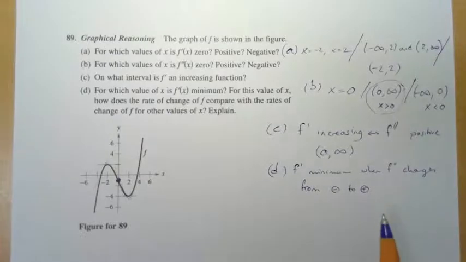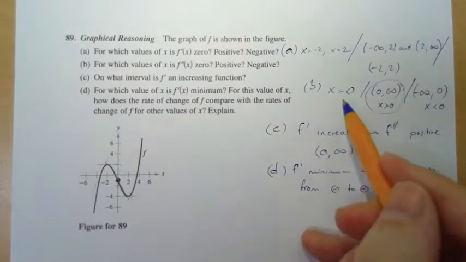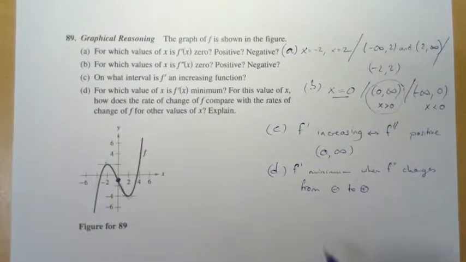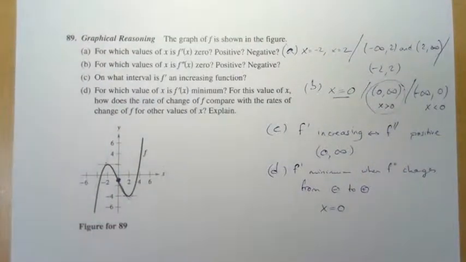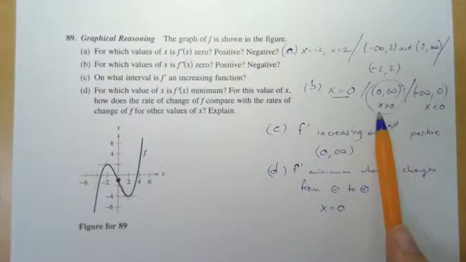So the only possibility is when f double prime equals 0, that's a candidate. The only answer to f double prime equals 0 is given right here, x equals 0. Is it really changing from negative to positive? Yes, it is, because f double prime is negative before 0 and it's positive after 0.